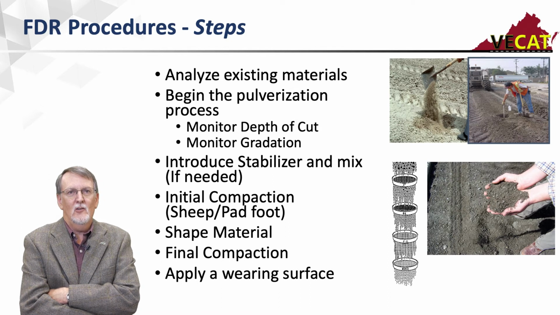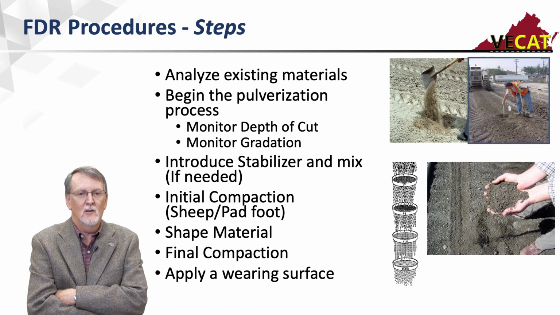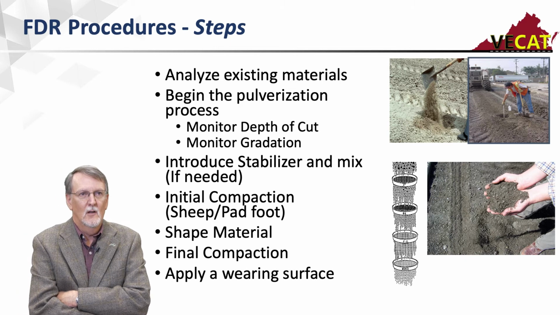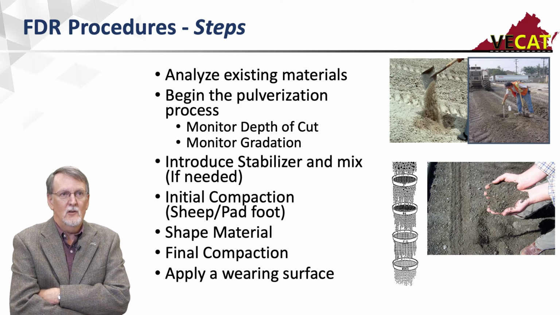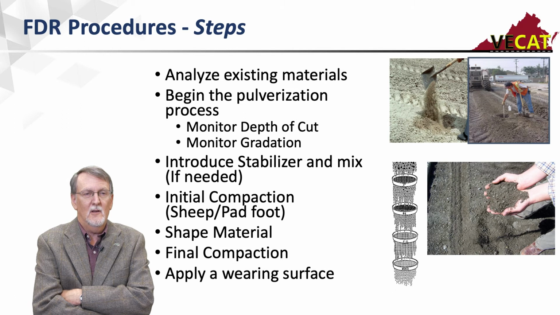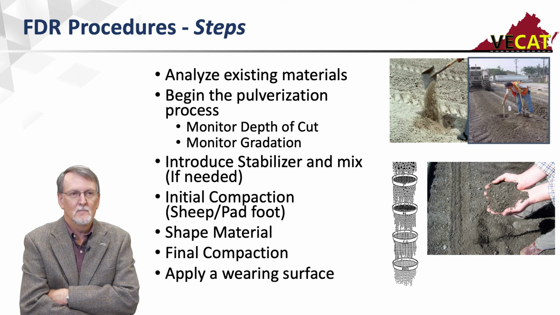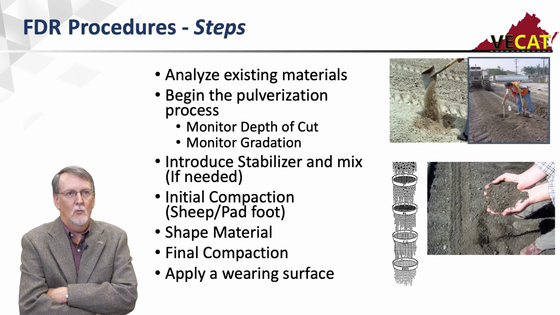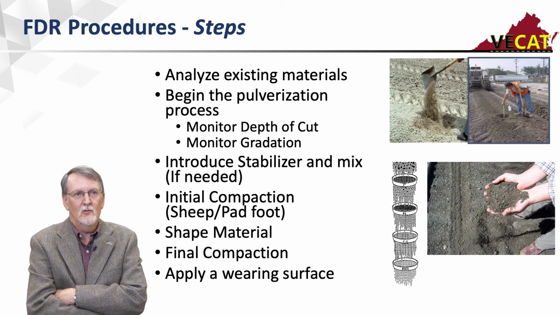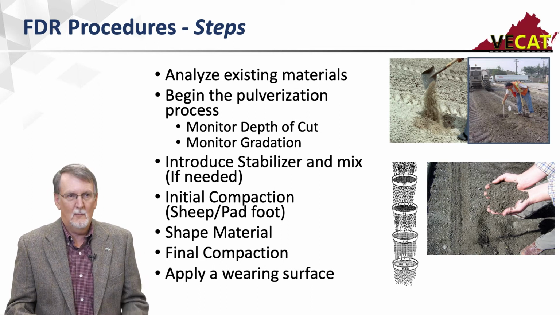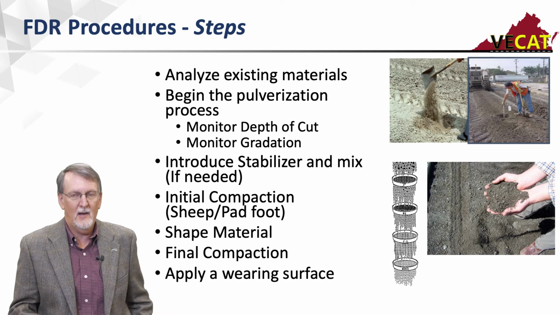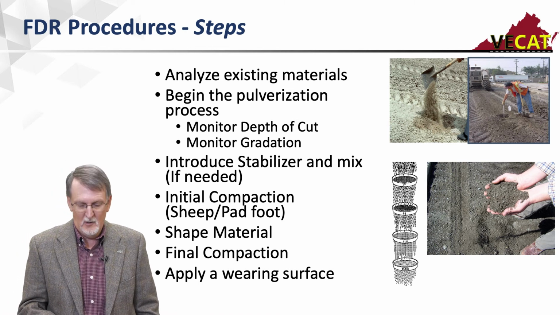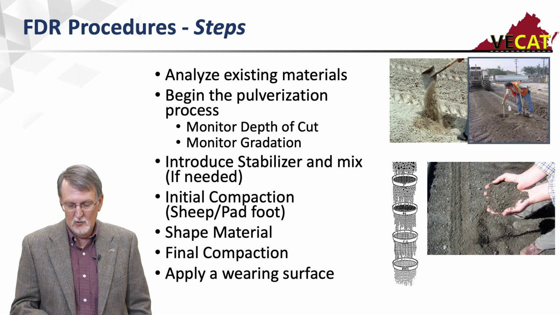By looking at the gradation, I can tell whether I'm getting adequate busting up of my particles. If I'm going to use stabilizer, I want to make sure I'm getting that properly mixed and compacted, and spread to the right amount. I want to do an initial compaction with probably a sheep's foot or a pad foot. Then I'm going to shape my materials, final compaction, let it cure, and apply a wearing course. So we'll look at some of those processes.